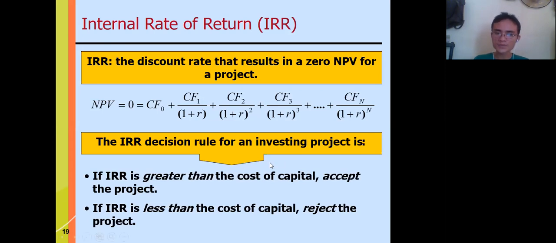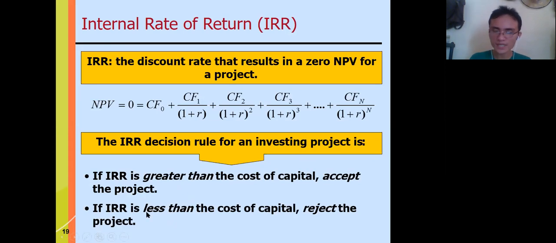The cost of capital basically is the discount rate, the risk that encapsulates the risks of the project. If the IRR is greater than the cost of capital, we have to accept. So there, the IRR is greater, so probably accept.